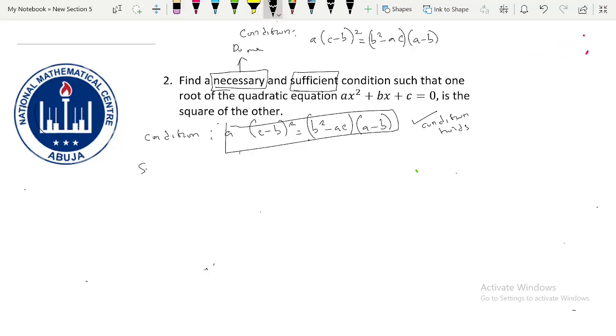So let me explain how this part will look. This part is going to give you, okay, assuming you have an equation, ax squared plus bx plus c equals 0. Then you also know that a times (c minus b) squared times (a minus b) is given.